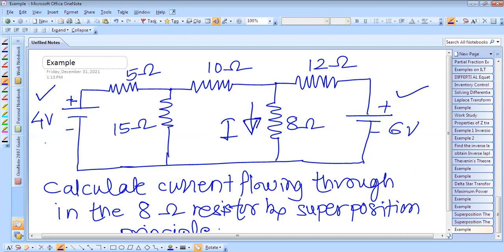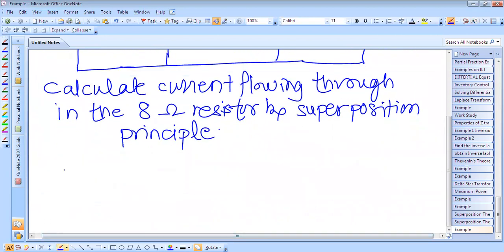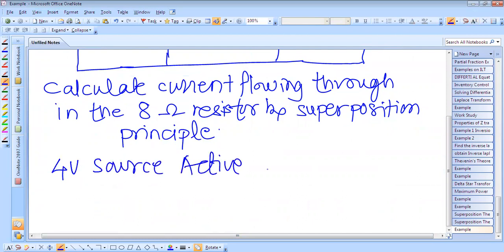So we'll now take the four volt source active and the 6 volt inactive.